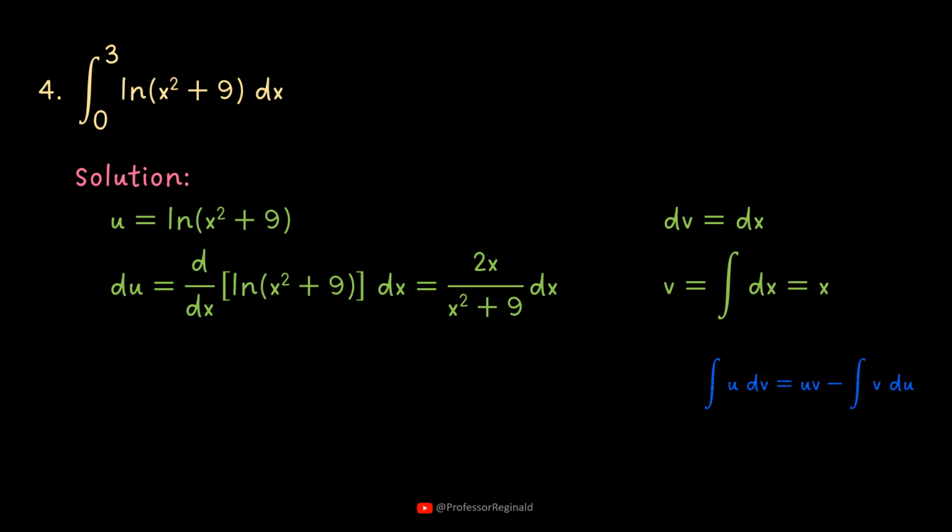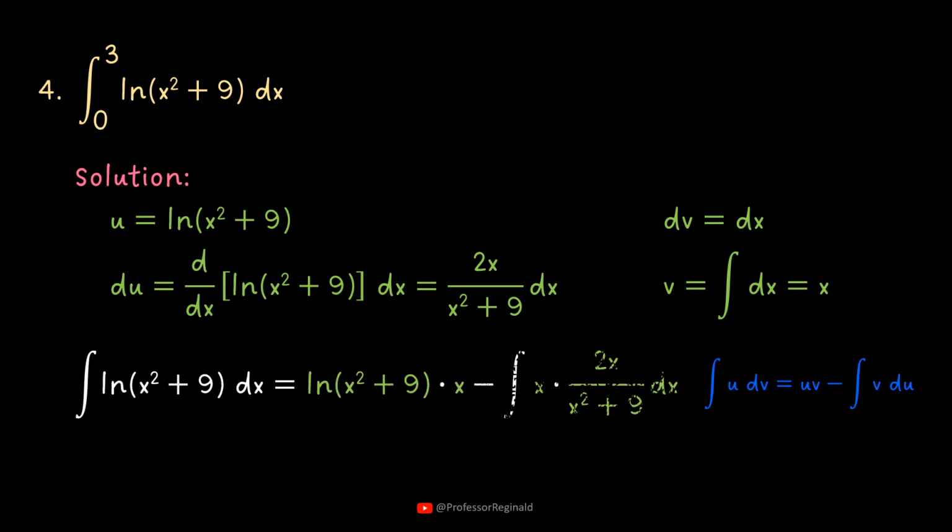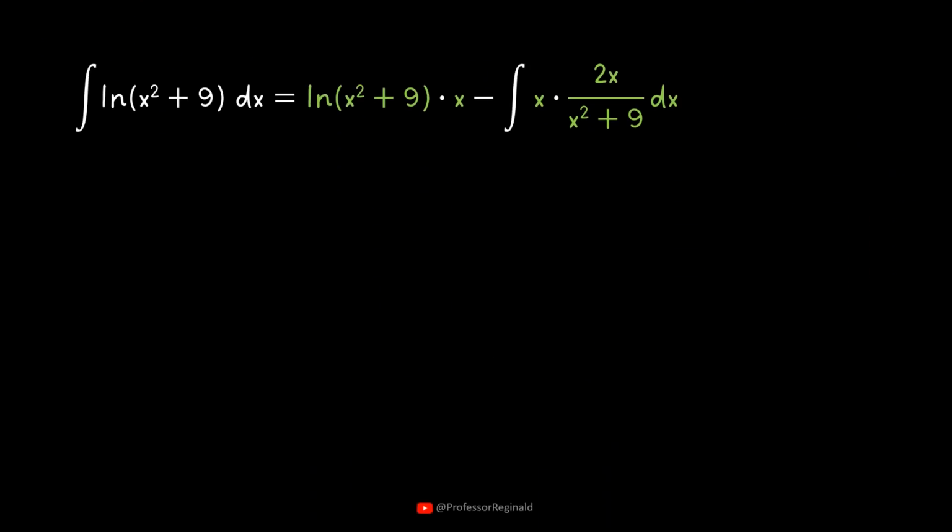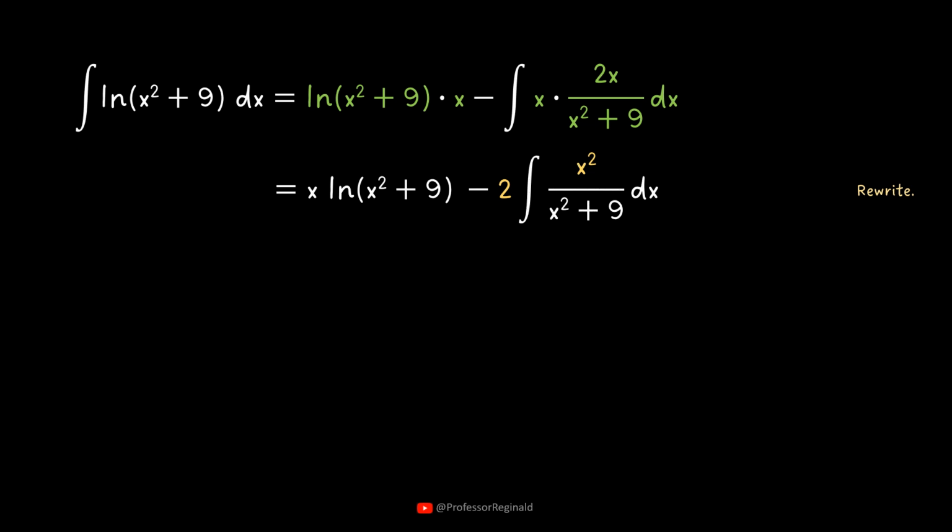Afterwards, follow the formula of integration by parts. Next, rewrite the expressions. The original integral now consists of a product term and an integral that has a rational expression.